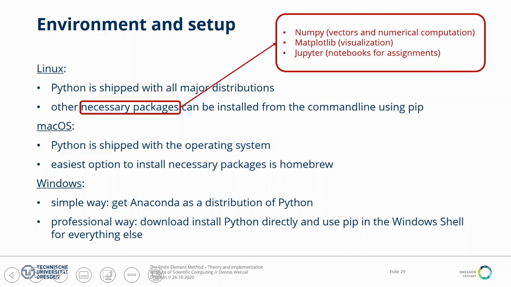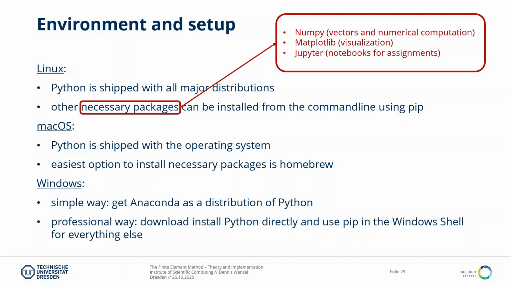Okay, another side remark at this point: when I write necessary packages, I mean precisely 3 packages. The first one is NumPy. That is a very, very basic and standard package in Python, and it's usually already shipped with the distributions. NumPy is the numerical Python library, used for all vectors and tensors and numerical computations.